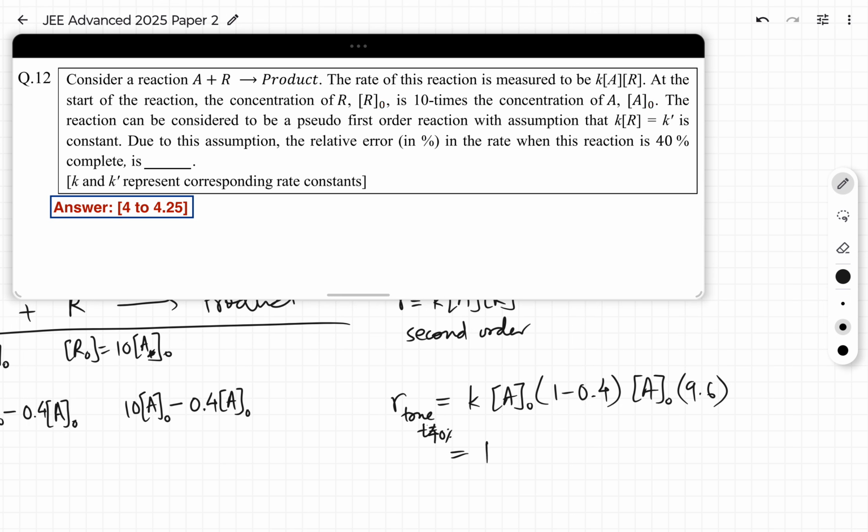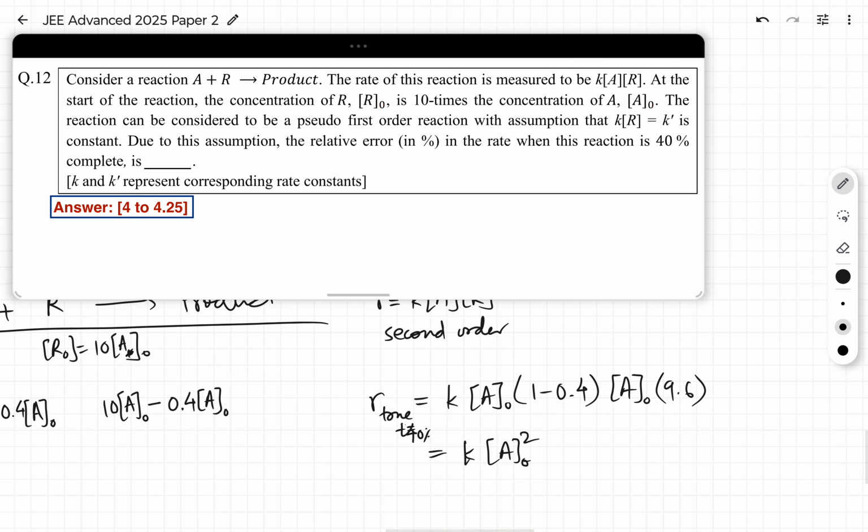So the true rate will be this squared. 1 minus 0.4 is 0.6 and 9.6.